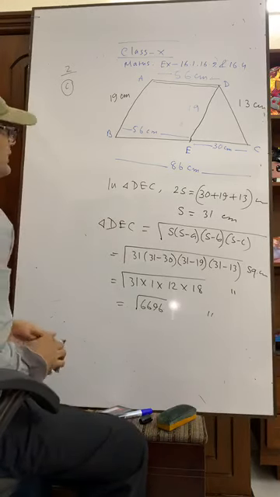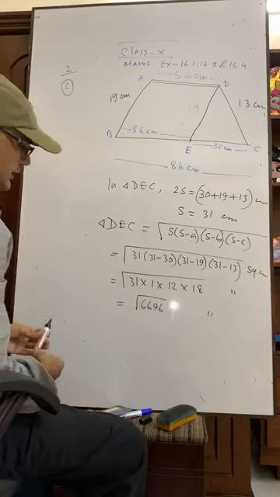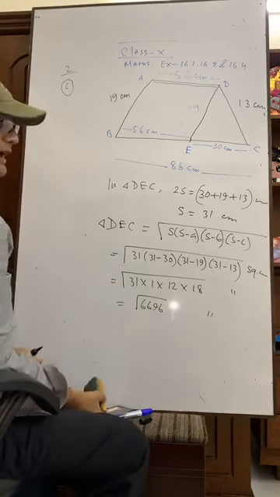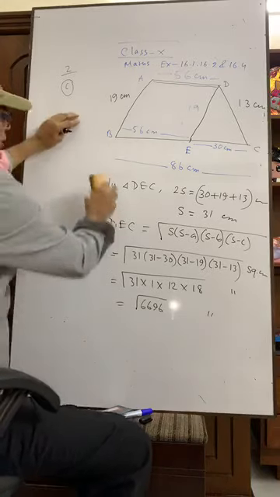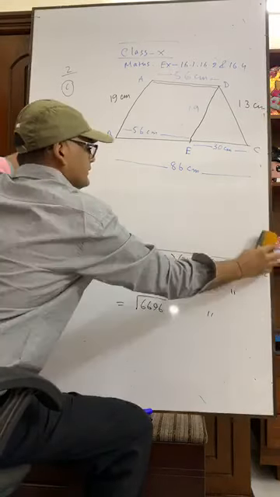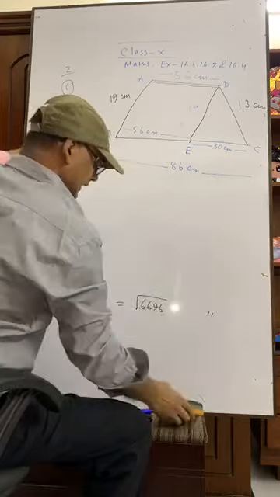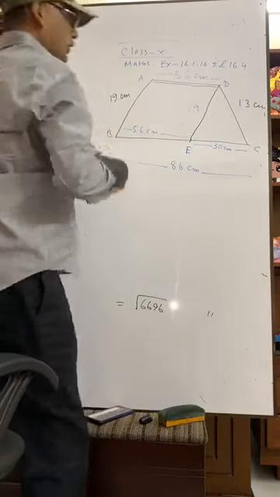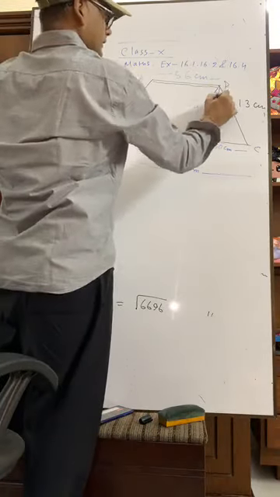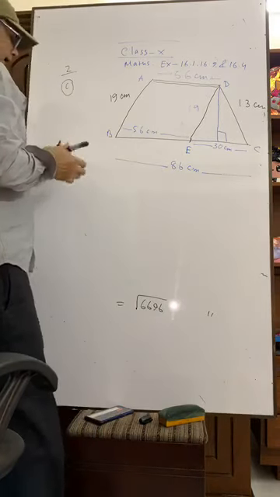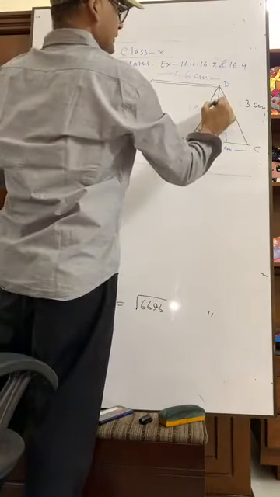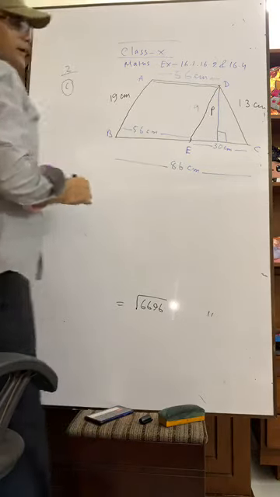Copy it. This math is really very important. It is always given in the examination. Now you see. If we draw a perpendicular here, a perpendicular has been drawn. Suppose this is perpendicular, that is P for perpendicular.